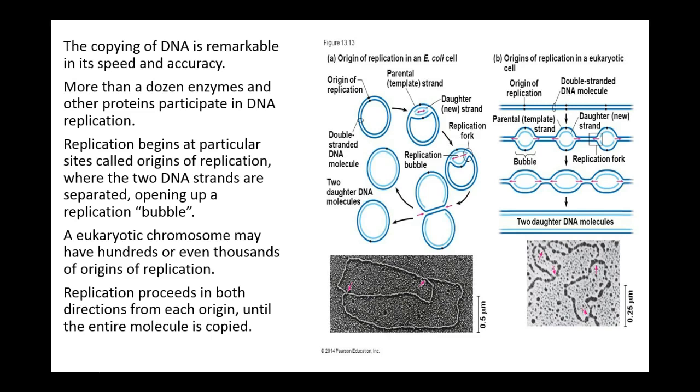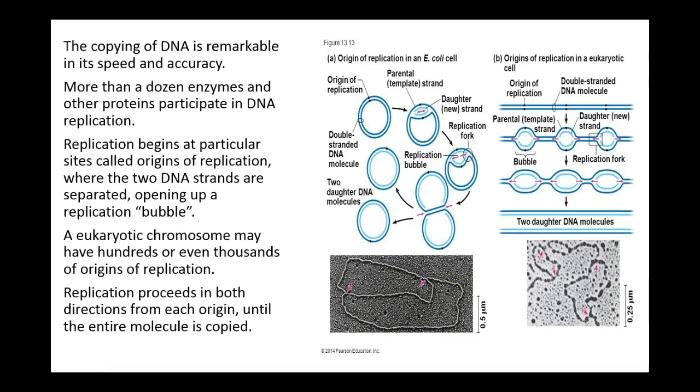We're going to talk about a few enzymes and a couple of proteins, but there are something like 130 that have been recognized in humans with regard to replication, and we're only going to talk about a few of them here. So you get the general idea of replication.